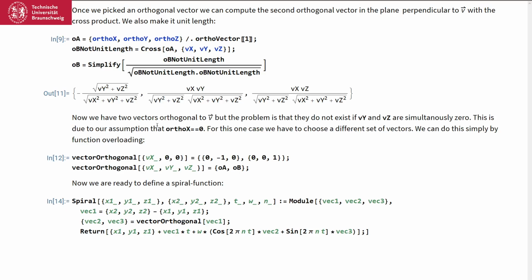That is that we assumed that Vx is equal to 0. No, this is the orthogonality. Wait.